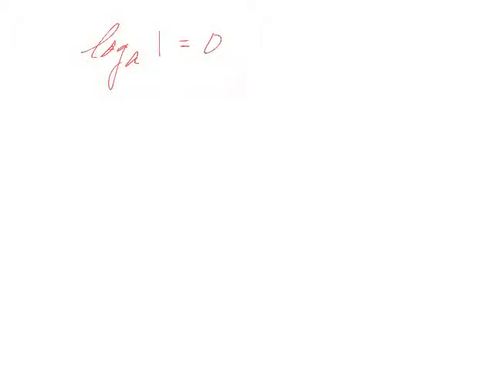For example, if I put 3 in for a, what exponent can I put on 3 to get 1? The answer is 0. So log base a of 1 is going to equal 0.